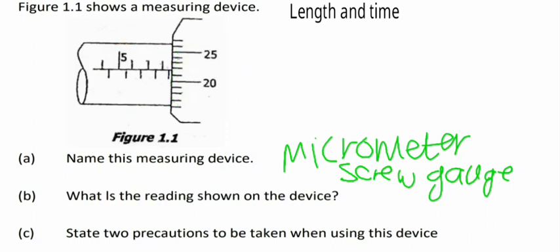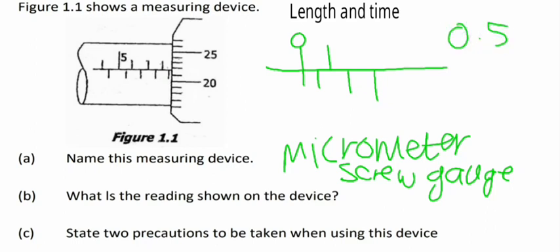As for the main scale, we have the scale like this one here. Suppose you have been given something like this. Let's say this one is 0. What you need to know is that each line in the main scale represents 0.5.